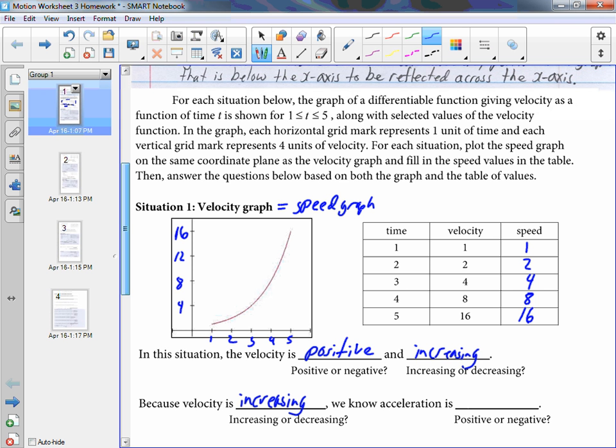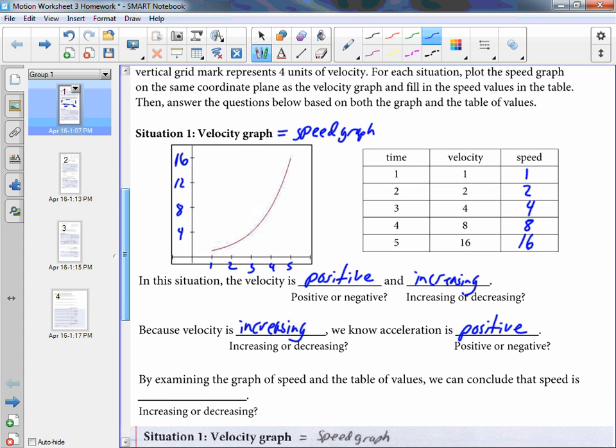Now think of it this way. Think of this graph as your function. It's increasing. Everywhere it's increasing, its derivative is positive. Positive derivative means increasing function. Increasing function means positive derivative. Since the velocity is increasing, its derivative, acceleration, is positive. Okay? By examining the graph of speed and the table of values, we can conclude that the speed is increasing.